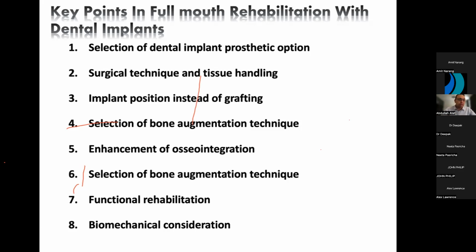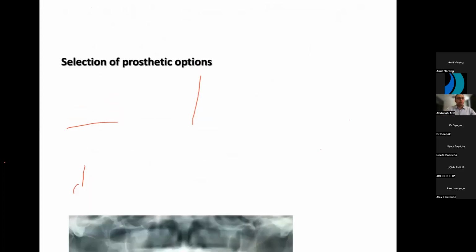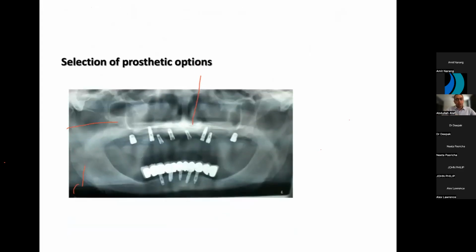Selecting bone augmentation technique, enhancing osseointegration, functional rehabilitation, and biomechanical considerations. These are all points that you have to consider in planning and in your implant workup.